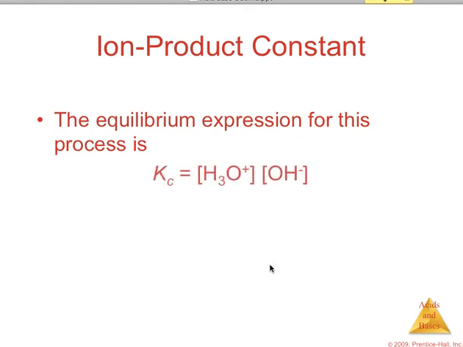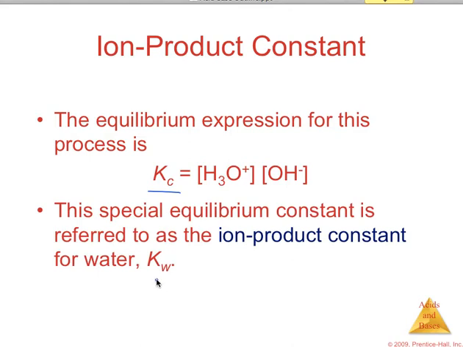And we'll see that this has an impact on how we do calculations to determine different components of an acid-base aqueous system. The equilibrium expression for the process is, here's another K, Kc, general equilibrium constant, is equal to the concentration of the hydronium times the concentration of the hydroxide. These, of course, are in mole per decimeters cubed.